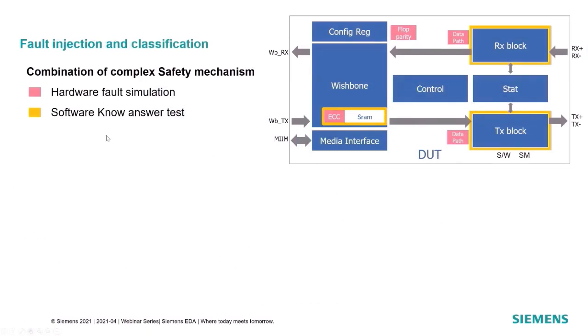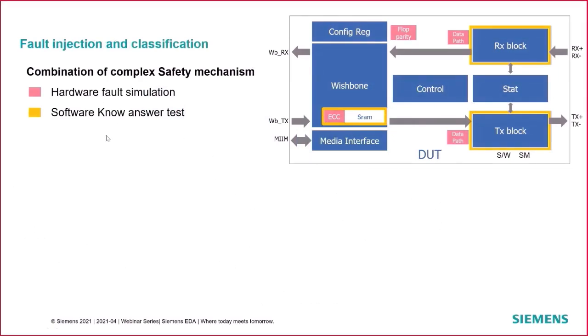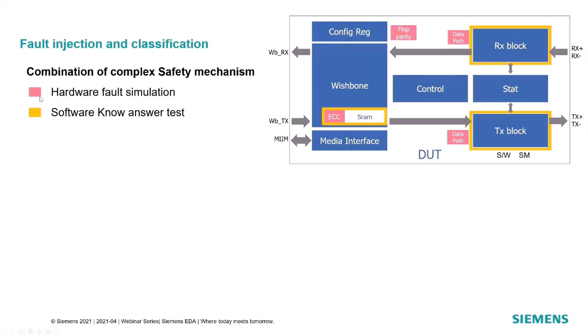Okay, so how did we do our experiment and how did we perform fault injection? Again, our safety mechanisms were 2 parts. The pink one were the hardware safety mechanism, which was the hardware fault simulation, and the orange one were the software or known answer test.